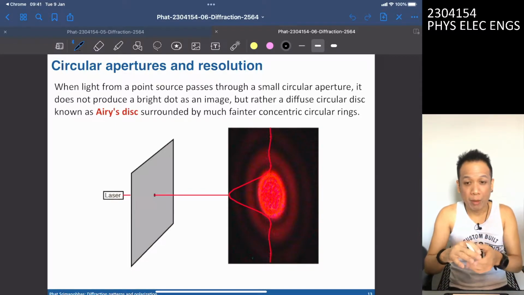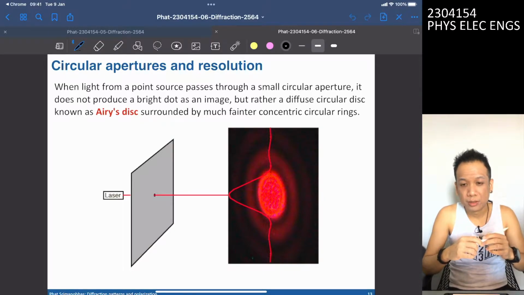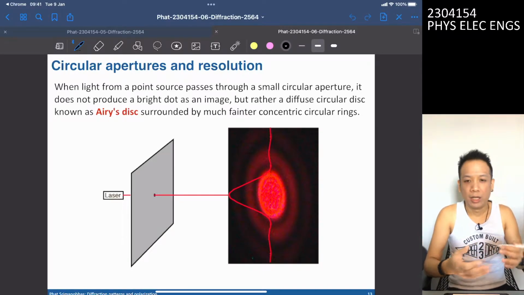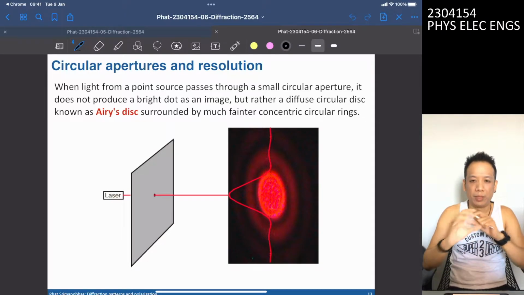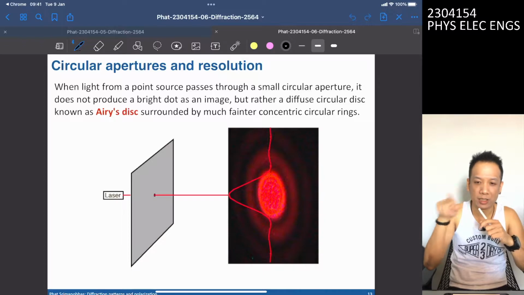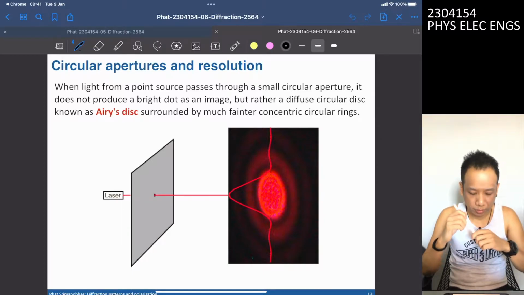For example, your camera has a circular aperture. Your eye is a circular aperture. Your eye is not a slit. Systems around you, like a telescope, are not slits. They have circular apertures.